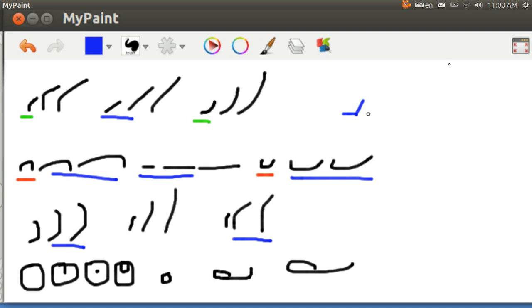So what he did is he allowed you to do this, and this is an ND right here. And it's very logical because, see, you start off with a horizontal, and then you kind of go up to the T, and you get NT. Just the reverse is also true. This is a TN.